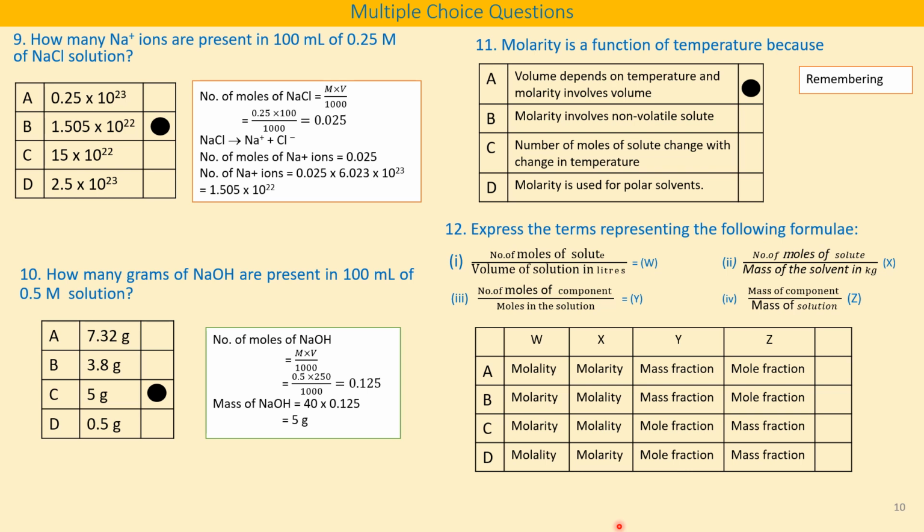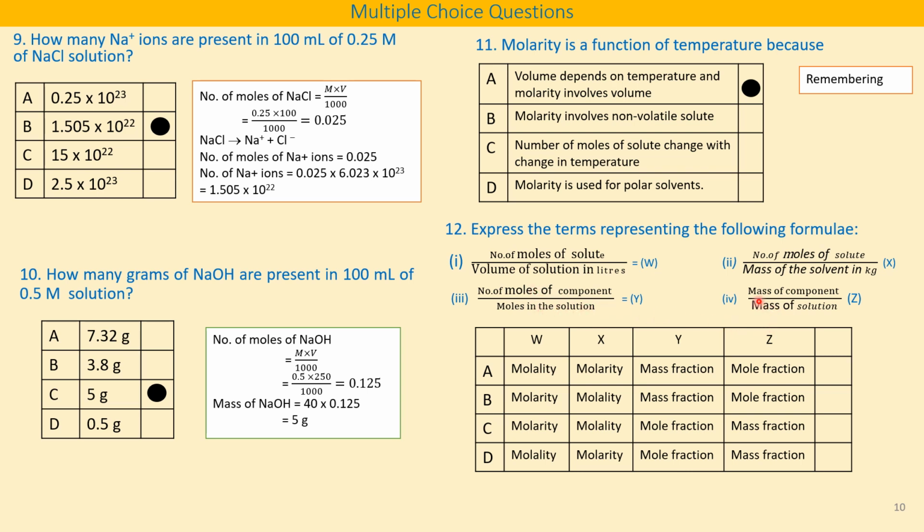The correct answer is C, because number of moles by volume is molarity, and number of moles of solute by mass of solvent is molality. Number of moles of component divided by number of moles of solution is mole fraction, because numerator and denominator are both moles.